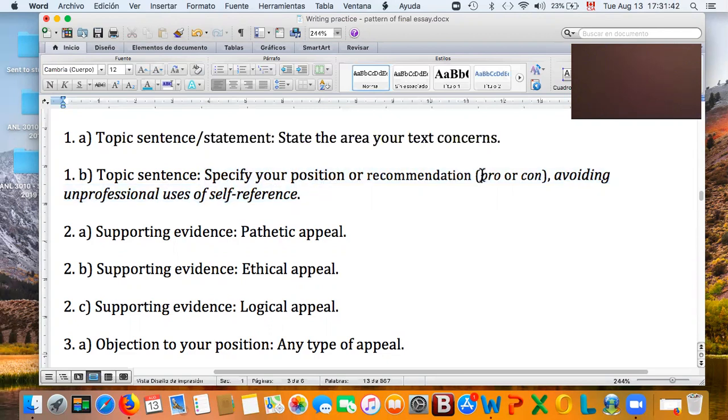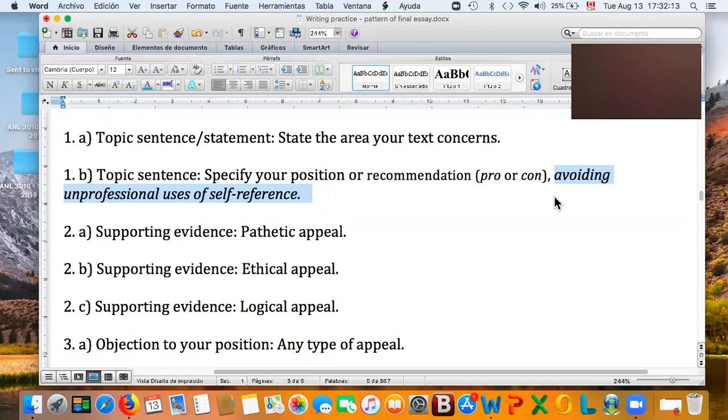In this case, we've introduced a debate topic, and we're going to write an example of the pro position. And of course, remember to avoid unprofessional, non-academic, semi-formal sounding uses of self-reference, which can include reference to a supposed interlocutor.